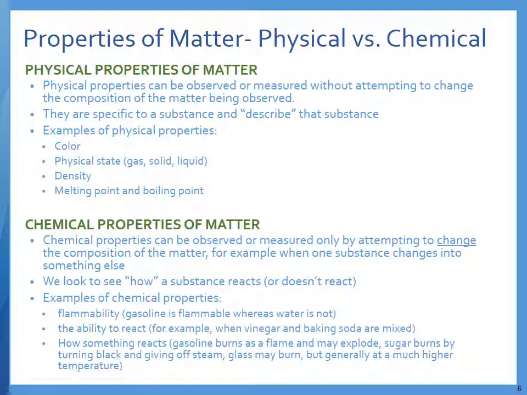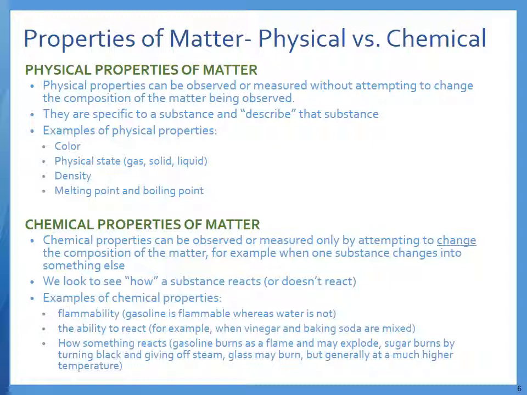We'll talk about density later in the semester, but basically density is what's its mass per unit volume. If you have the same amount of volume of two things, and if one has more mass in that volume, then it is more dense. Some other physical properties: melting point and boiling point. They're very specific to a specific compound, and they describe that substance. You're not changing it to something else.